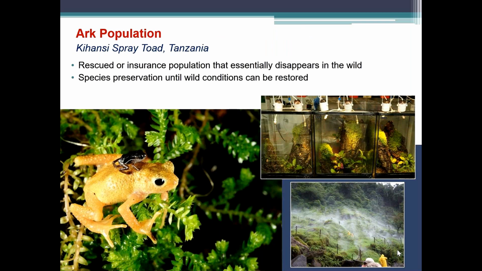It's the last remnants of the species that can then be used to reestablish the population. And until recently, the Kihansi spray toad fell into this category when the mist around the falls, its obligate habitat, disappeared. The remaining members of the species were brought into captivity and bred, and then as that habitat was recreated in the wild, it now has been used for a source population to reestablish the species.